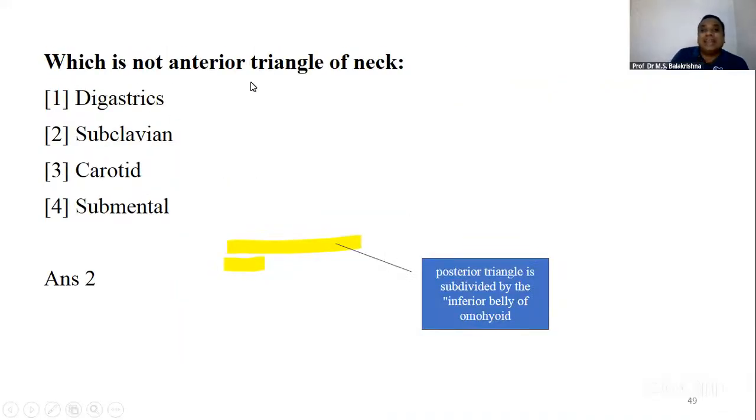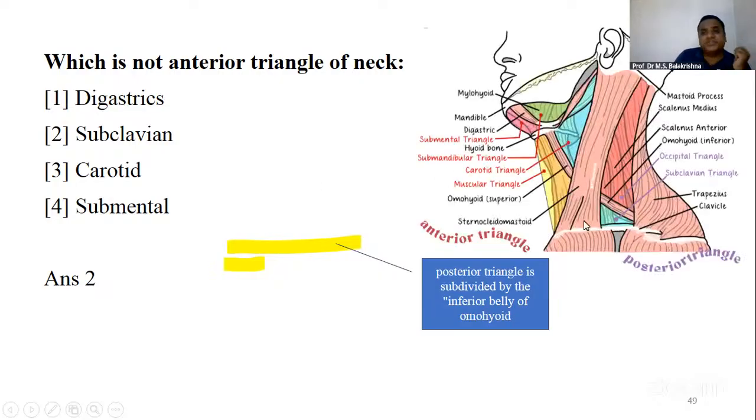Which is not the anterior triangle of the neck? Very simple question. The neck has anterior and posterior triangles. The anterior triangles are submental, digastric, carotid, and muscular. So the subclavian triangle is not an anterior triangle, that comes into the posterior triangle.